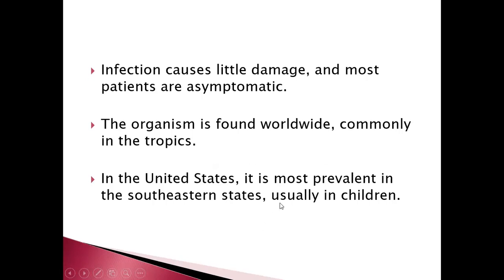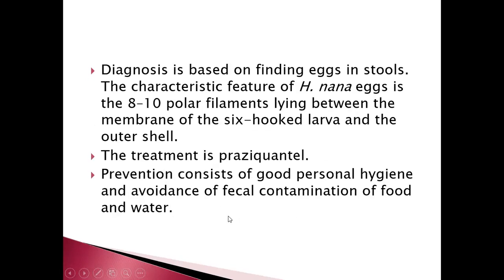In the USA, it is most prevalent in the southern states, usually in children. Diagnosis is based on the eggs in the stool and characteristic features of 8 to 9 polar filaments and 6 hooked larvae outside the shell. Treatment is praziquantel, as I told you before. The prevention consists of good personal hygiene and avoidance of fecal contamination of food and water.